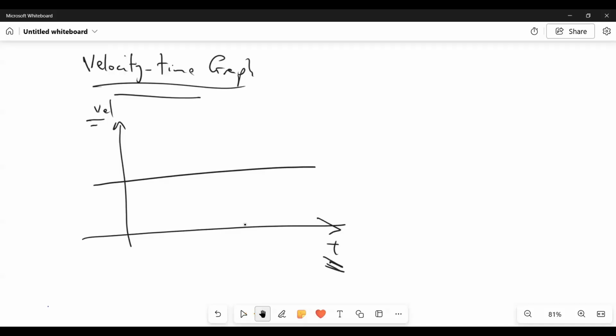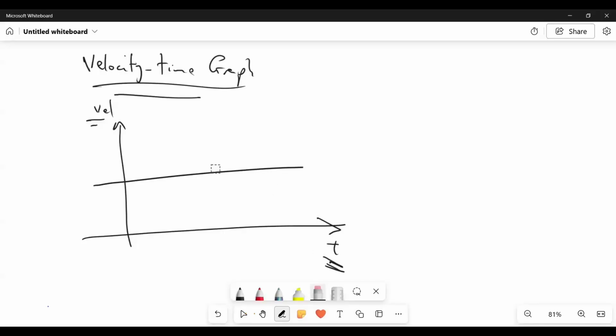Good. So let's change it up a little. We talked about the flat graph. Of course, if the velocity is constant, is there acceleration? No, there is no acceleration. Another thing you can pick up from the gradient of the velocity time graph, and that's something worth knowing: the gradient of the velocity time graph is acceleration.